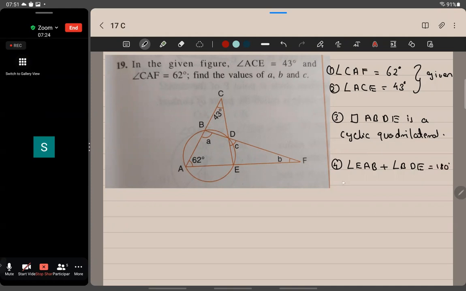Reason, opposite angles of cyclic quadrilateral are supplementary.